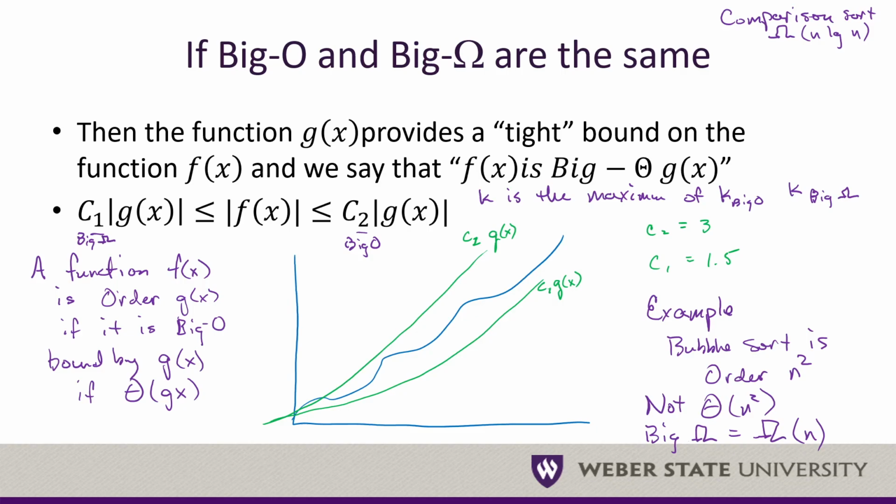I have to have an array that can hold 2 billion if I'm sorting 100 numbers. So the time is order n, but the space is a lot bigger than that. It's got a really huge constant is what it boils down to.